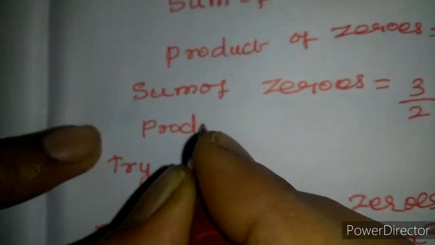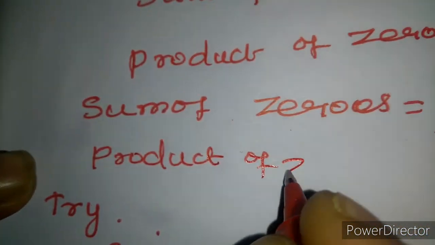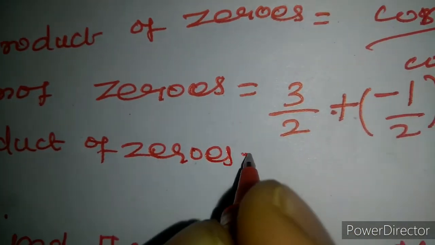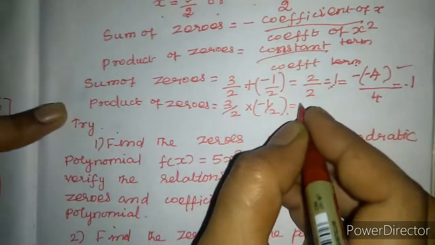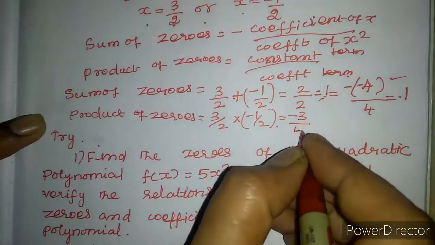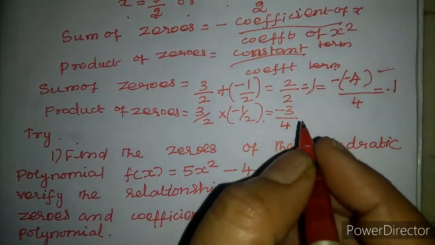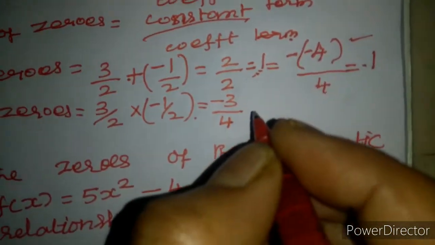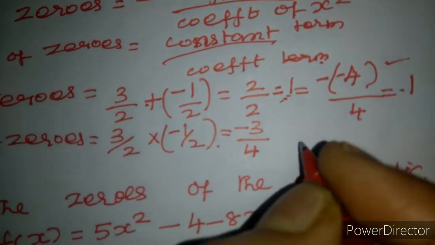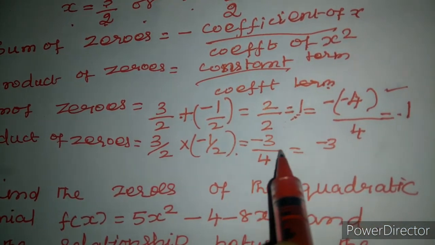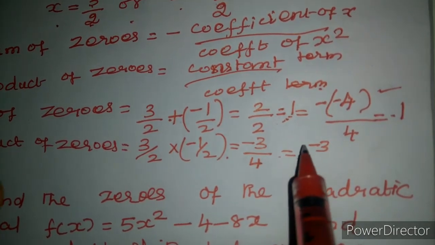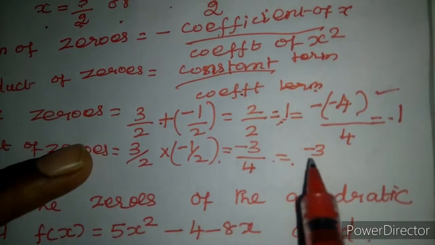Next, product of zeros. That is equal to 3 by 2 into minus 1 by 2, that is equal to minus 3 by 4. So product of zeros equal to constant term divided by coefficient of x square.